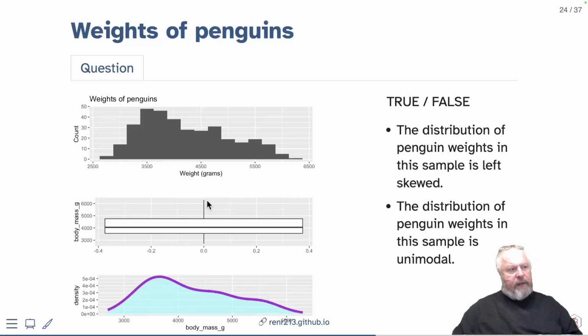And I would say that this distribution is unimodal. It looks like there is a mode here. This could be just noise. You can see that with the density plot, it's smoothed out. So I would argue that this is unimodal.